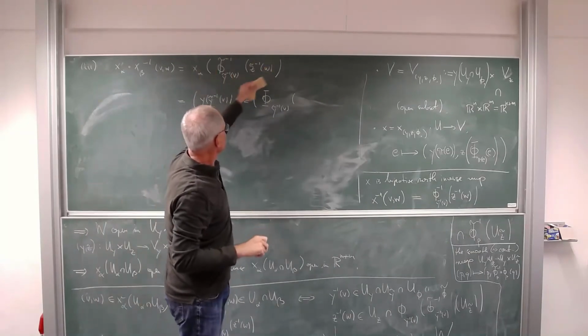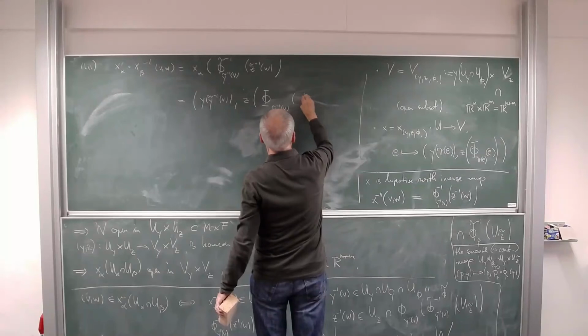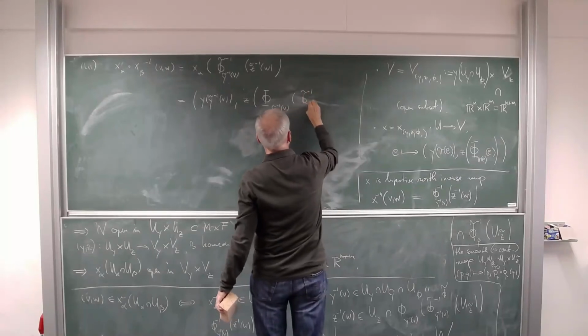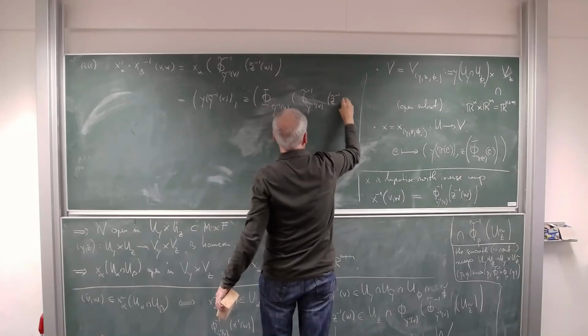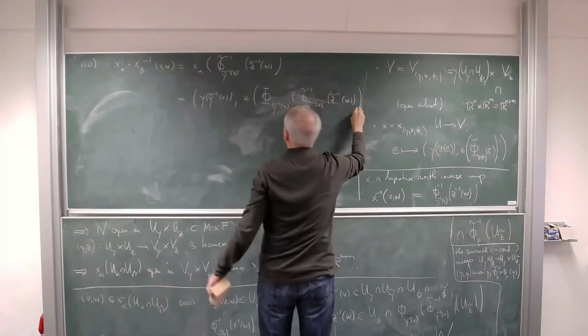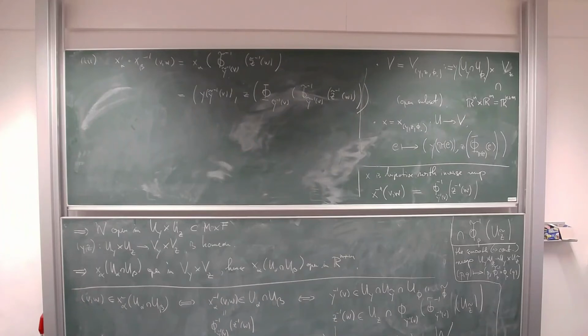So this is my E, right? So apply this to Y tilde to the minus 1, apply it to Z tilde to the minus 1 of W. Yes, this is correct.